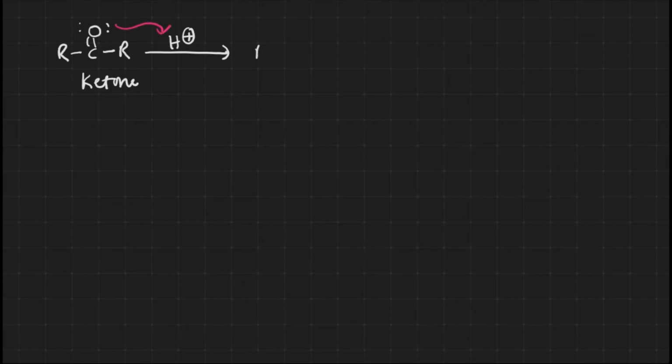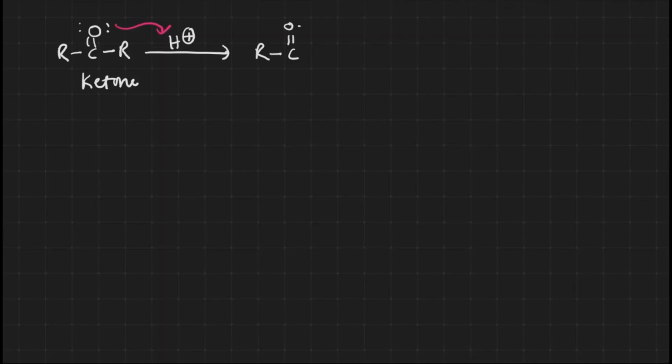Now let us see how the addition of alcohols takes place with the ketone. Let us take a ketone over here. This is the ketone, right? Oxygen has a lone pair, and the lone pair catches the proton over there. When it catches, what happens?